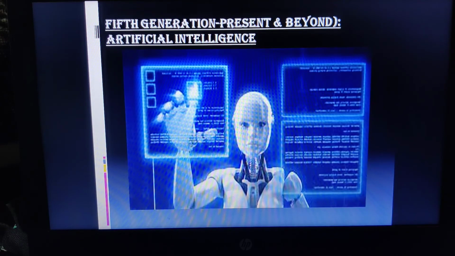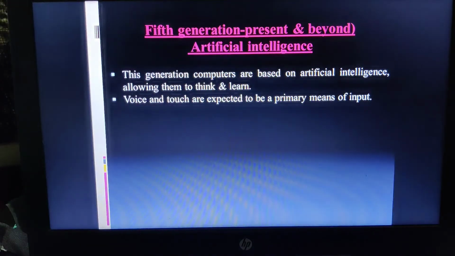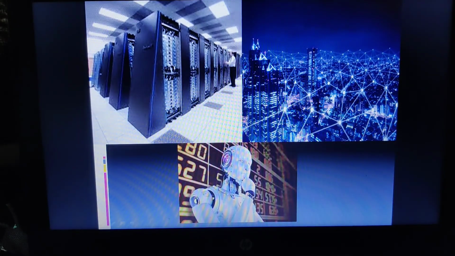Then the development of supercomputers. Supercomputers are the biggest, most powerful computers in the world, and they are the most expensive computers in comparison to any other computers. They execute trillions of instructions in just 1 second. Such powerful supercomputers will be there.